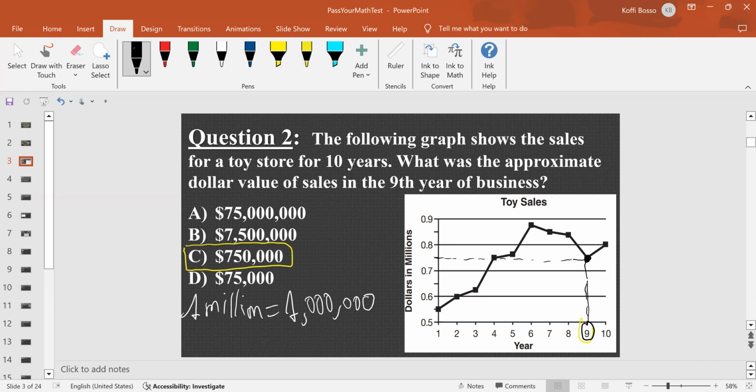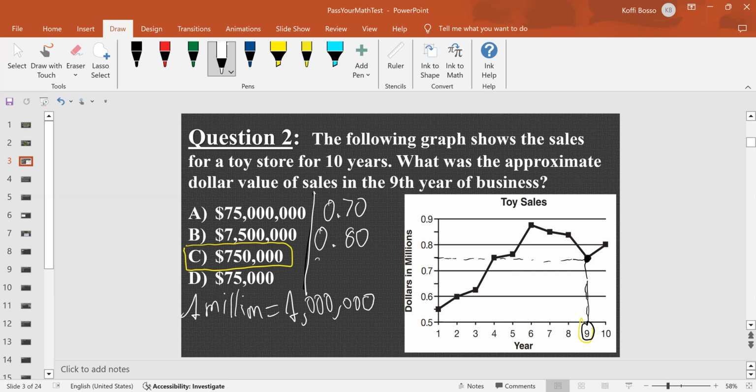So how do we find that value? You have to understand that 0.7 is the same as 0.70 and 0.8 is the same as 0.80. Now, what's the value between 0.70 and 0.80?